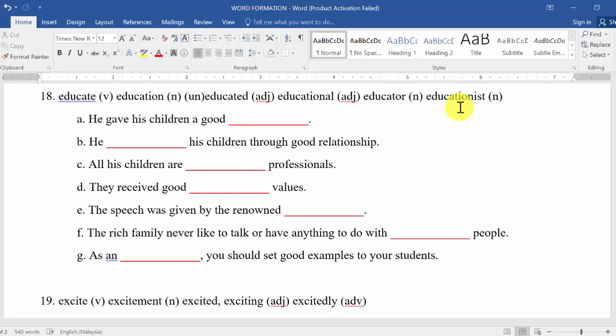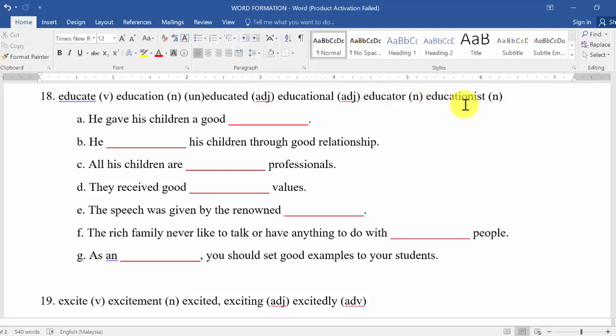Educationists usually give speeches about education, or write books about education. That's the difference between educator and educationist.